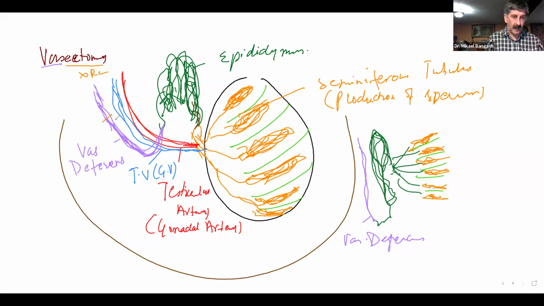We just apply two staples, or just cut it in the middle. So that's mainly how a vasectomy is performed. The vas in vasectomy is referring to the vas deferens.